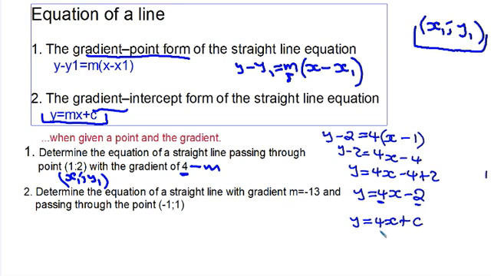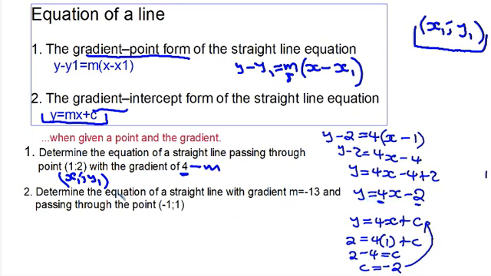Substitute that coordinate into this one, so we have 2 is equal to 4 bracket, your x there is a 1 plus c. So this 4 goes to the other side. We have 2 minus 4 is equal to c. So your c there is equal to negative 2. So you come back here. In place of that c, you write the value of c to have y is equal to 4x minus 2.